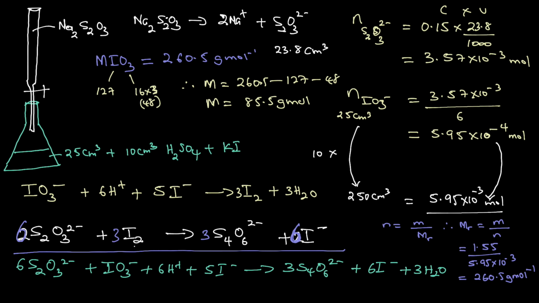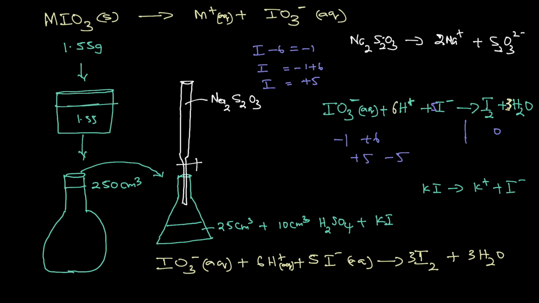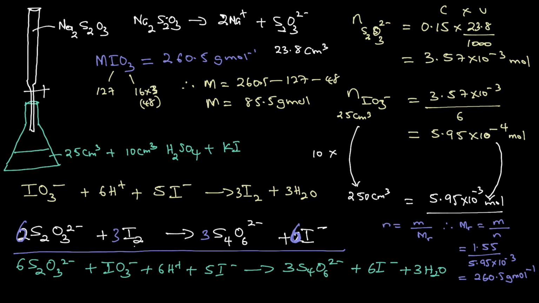We know M is in group 1 because it's M plus. If we go back here, we know that's M plus, and plus 1 is group 1 of the periodic table. In group 1, go down to find the mass, which one has a mass of 85.5, and that turned out to be rubidium, which is 86 grams per mole.